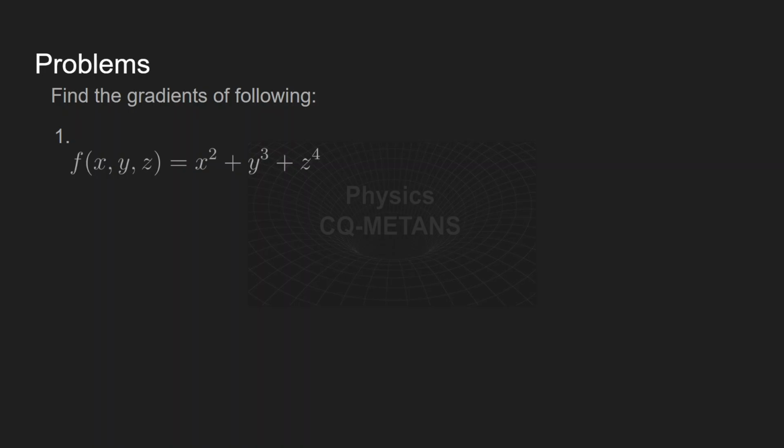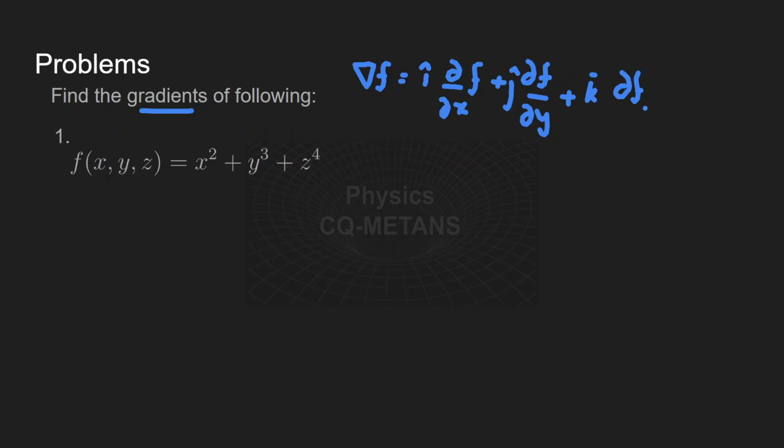Now let us see some problems. We have solved fewer problems, so let's see some very simple ones. We have to find the gradient of the following. Now gradient, by definition we know grad phi or f, where f is the scalar, is given by i cap del f by del x plus j cap del f by del y plus k cap del f by del z.